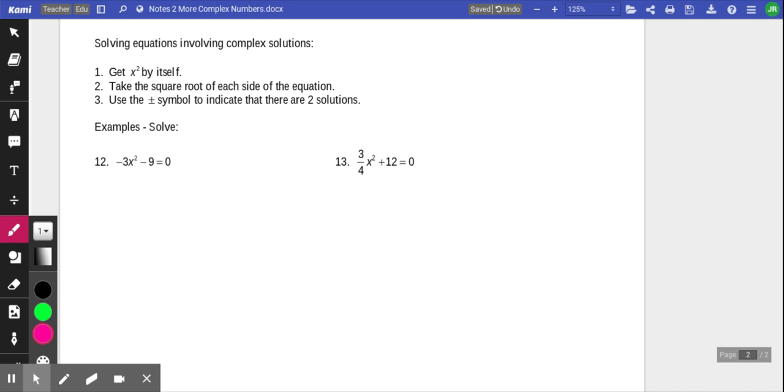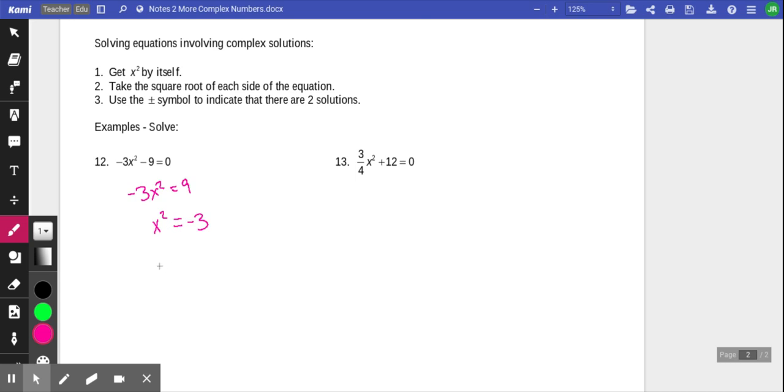So you can either choose to use those formulas from up above to solve these quadratic equations, or you can just use the definition of imaginary numbers. But we can solve quadratic equations using complex numbers. So for this one, we'd add 9 to both sides, and we get negative 3x squared equals 9. Divide both sides by negative 3, we get x squared is equal to negative 3.